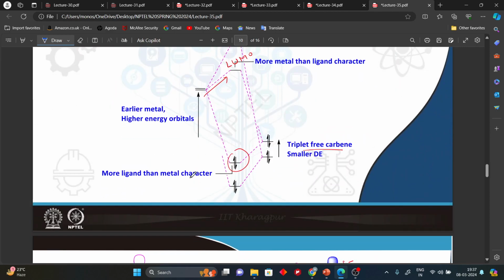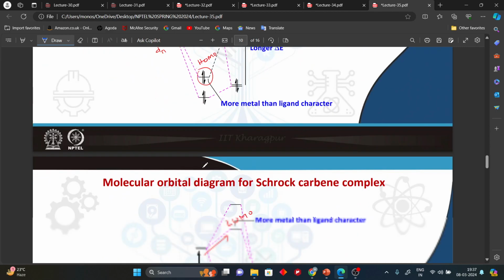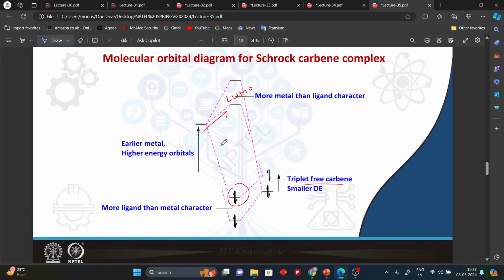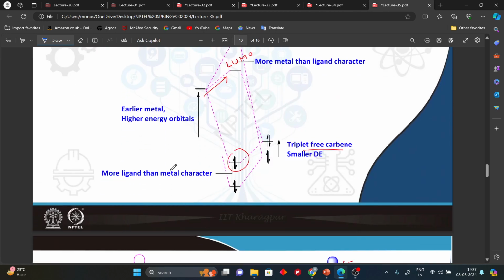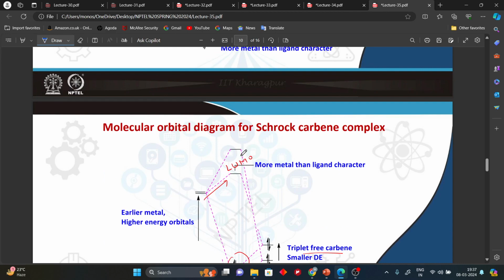Let me take each part. Here it is having more different characters, so the opposite of the carbon.